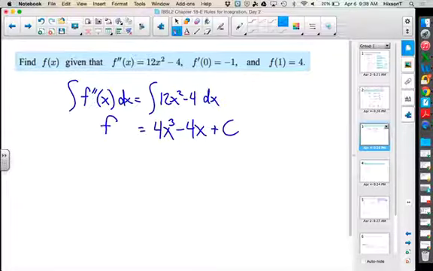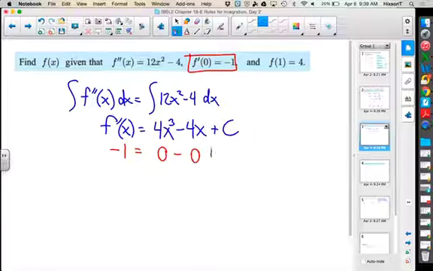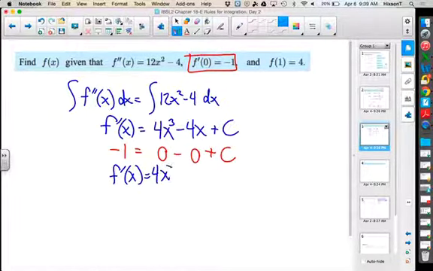So this is going to be f prime of x. Now, here's where my first point comes in. F prime of 0 is negative 1. So negative 1 equals 0 minus 0 plus c. Obviously c is negative 1. So now I know what my derivative function actually is. It's 4x cubed minus 4x minus 1.